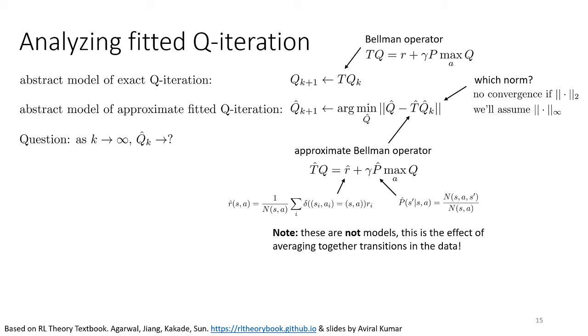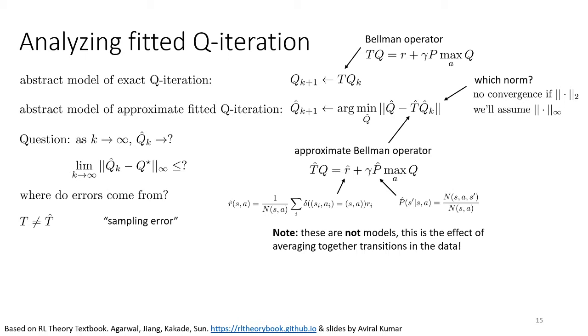Okay, so which questions are we going to want to study? Well, one question is, as the number of fitted Q iterations approaches infinity, what does Q hat k actually approach? And in particular, how much does Q hat k differ from Q star asymptotically as we take infinitely many approximate fitted Q iterations? Well, where will our errors come from?